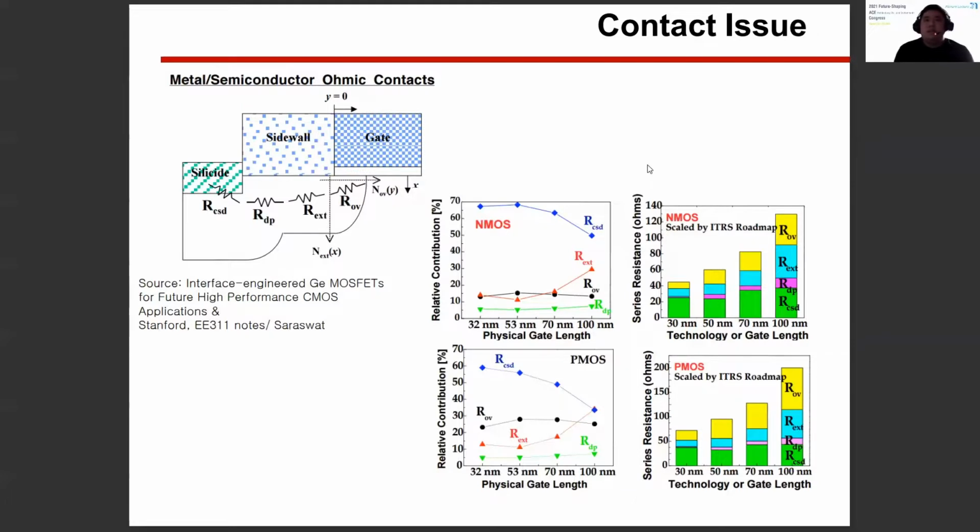This means the time constant tau, R times C, even if we scale down the capacitance, the resistance stays high, so the time it needs to turn on and off stays relatively high.